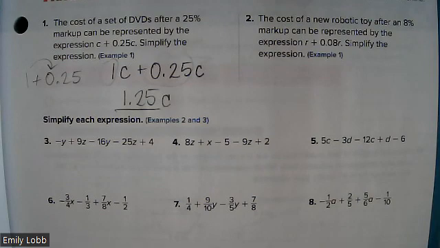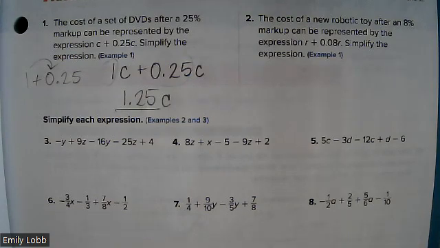Here, we remembered that there was a 1 in front of anything that's just a letter. That's its identity. There's 1 of them, right? So we said 1 plus this 0.25 here made this 1 and 25/100. So that's what you're going to do for number 2. Instead of 1C, you have 1R, but you're still going to combine this 1 with the coefficient here and have that times whatever letter you have. In this case, it will be R.